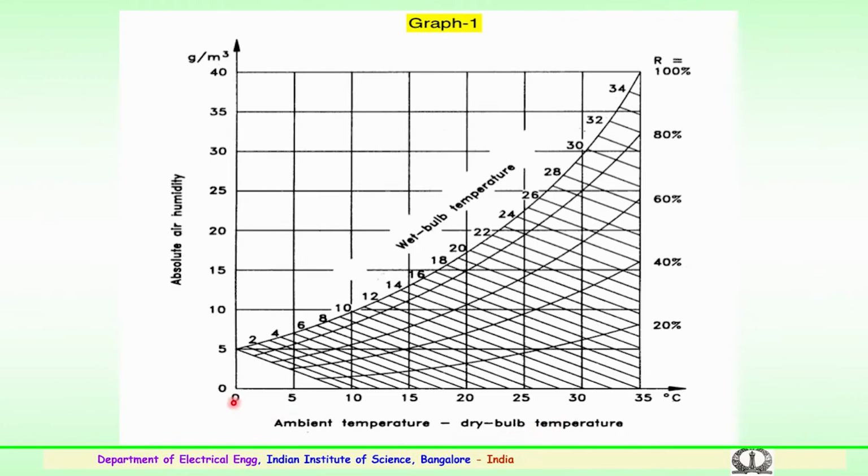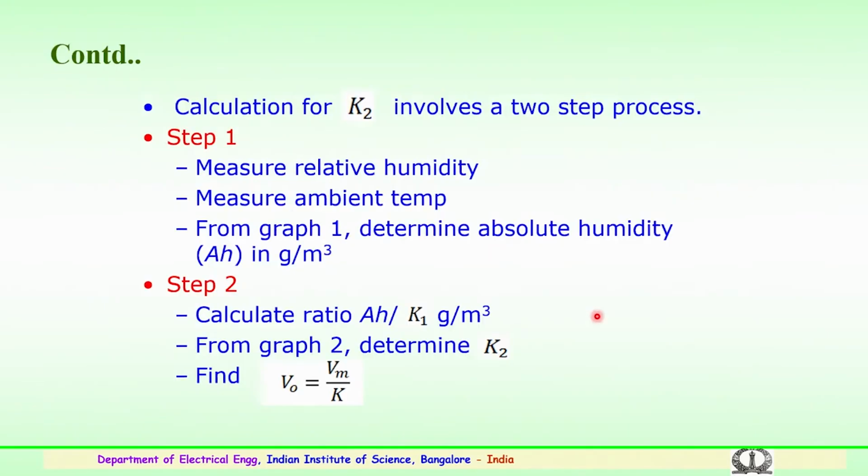Depending upon the values, considering both the wet bulb temperature and the dry bulb temperature, for example, if it is 20 degrees dry bulb and 18 degrees wet bulb, you can go through this and see that this corresponds to say 16 grams per meter cube. Similarly, the values are read from the graph, and this gives the value of absolute humidity in grams per meter cube.